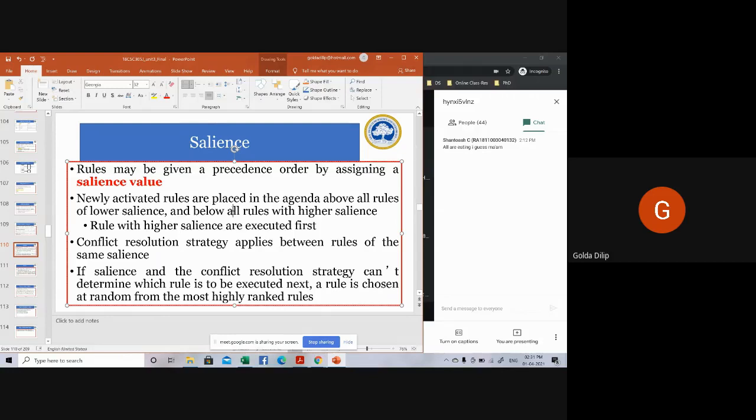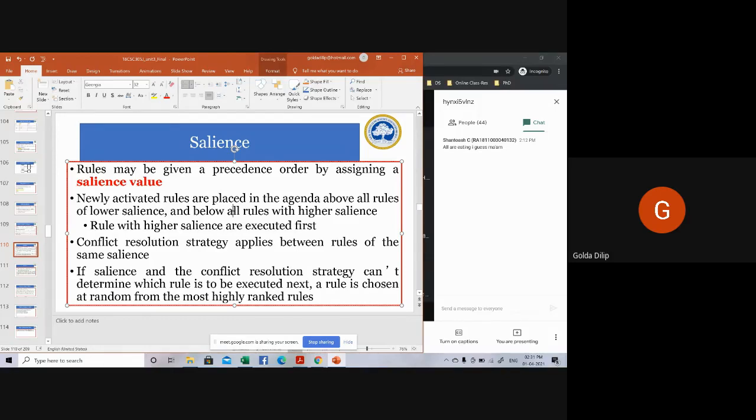So salience values, which are numeric, are assigned, and accordingly the rules are either pushed to the top of the agenda or pushed down, irrespective of when they were added into the knowledge base. The number determines the salience priority.